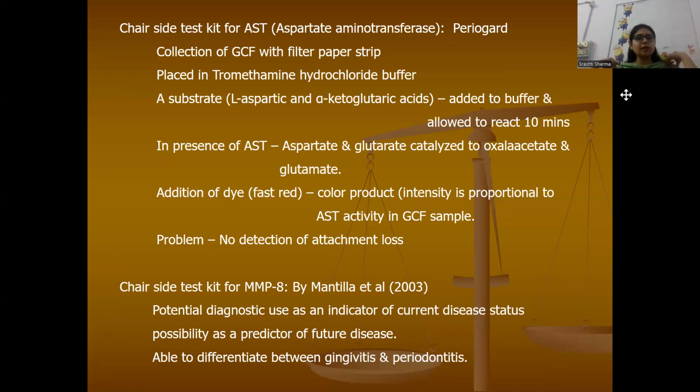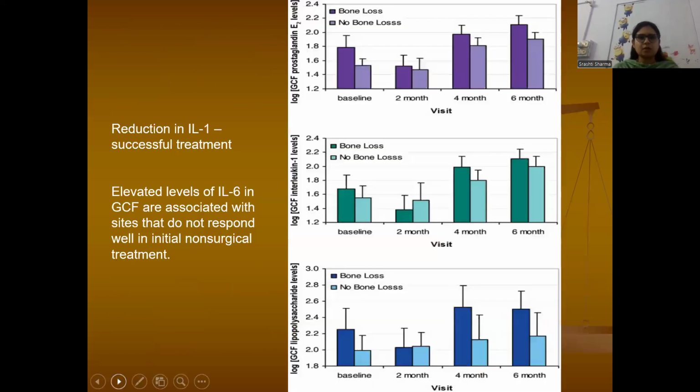The problem is no detection of attachment loss. Then there is another GCF test kit for MMP-8 by Mantyla et al., which was given in 2003. Potential diagnostic use is an indicator of current disease status, possibility as a predictor of future disease, able to differentiate between gingivitis and periodontitis. So these are the graph levels.